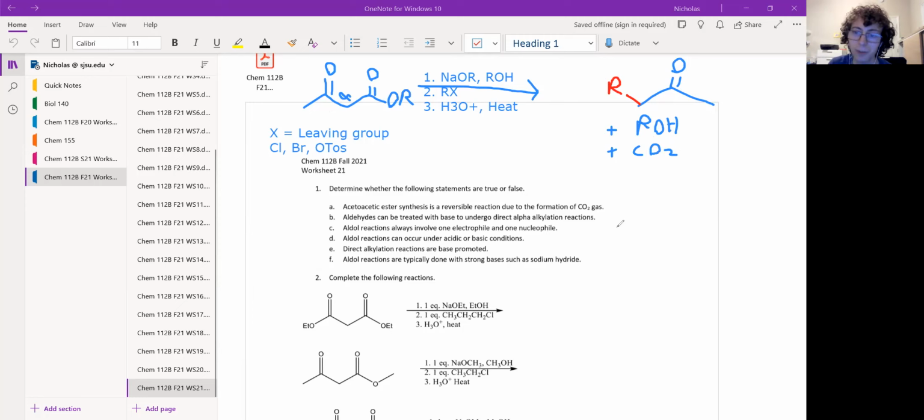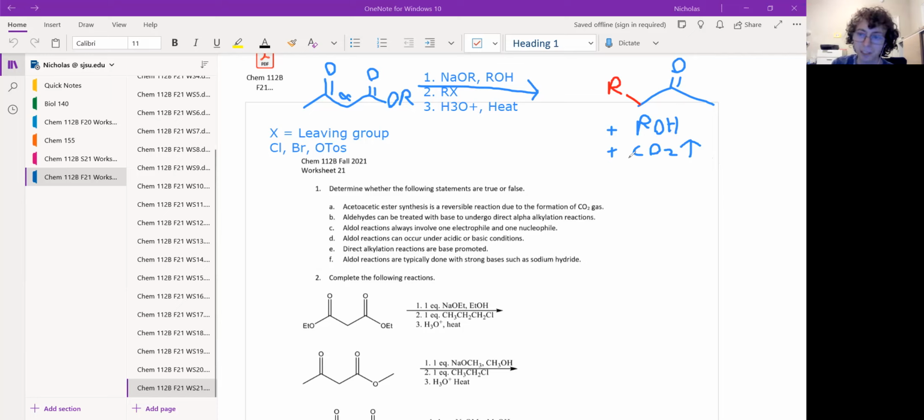And, you know, carbon dioxide is a gas. And in the past, we've shown arrows like this pointing up when a byproduct that forms is a gas. So we can do the same thing here. And it's important to show that because if you did this reaction in an open round bottom flask or something, and the carbon dioxide formed, you'd see fumes leaving the flask, and then they're gone.